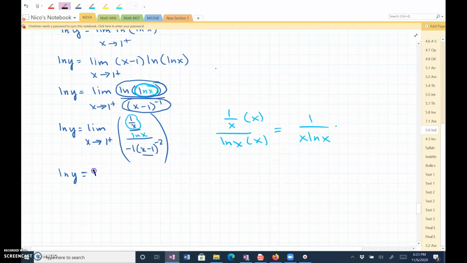So now I have the limit as x approaches 1 from the right of 1 over x times the natural log of x, all over negative x minus 1 squared.